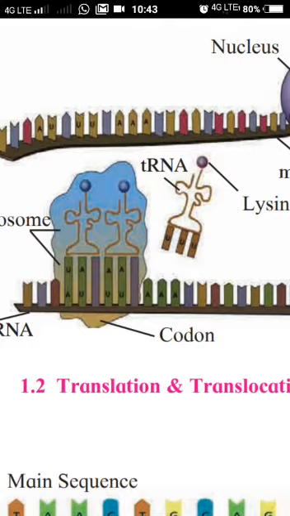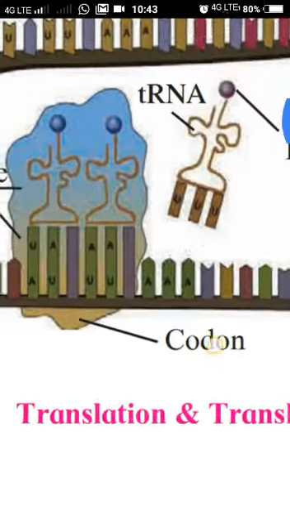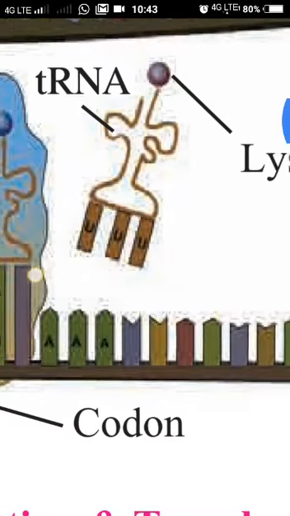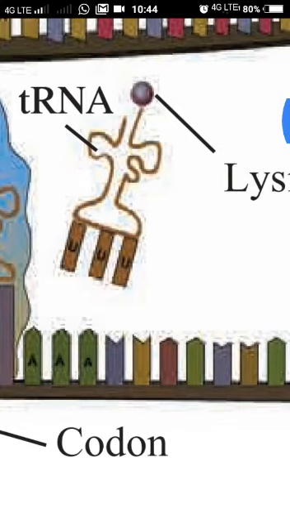Now the tRNA, you can see here, has three units, again three nitrogenous bases, which are opposite to the mRNA. So here you can see adenine, adenine, adenine.